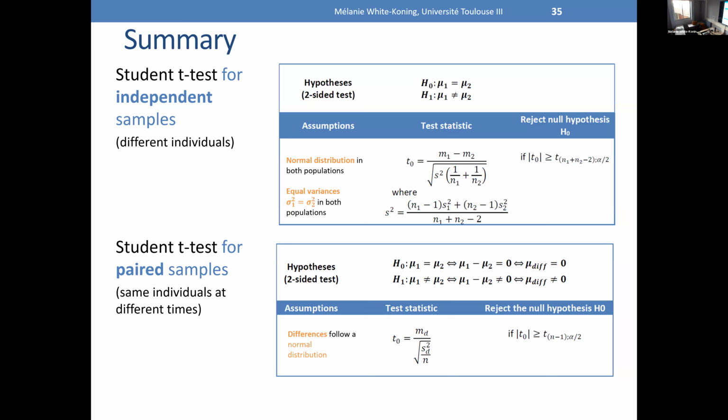Just as an indication, if you do the mean of the before values, I'm going to call it MB, and the mean of the afterwards values, M afterwards, then you will find that MB minus M afterwards is equal to the mean of the differences calculated that way. It works, you can show it statistically.